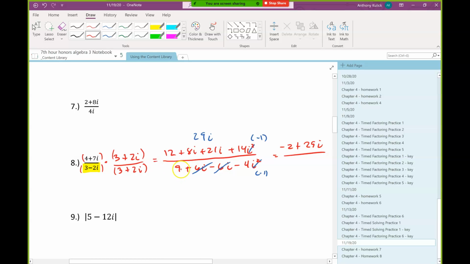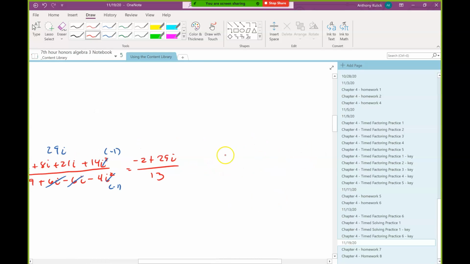And down here I have 9 minus a negative 4, so that's going to be 13. And then I would just rewrite these as 2 fractions. And this would be my final answer.